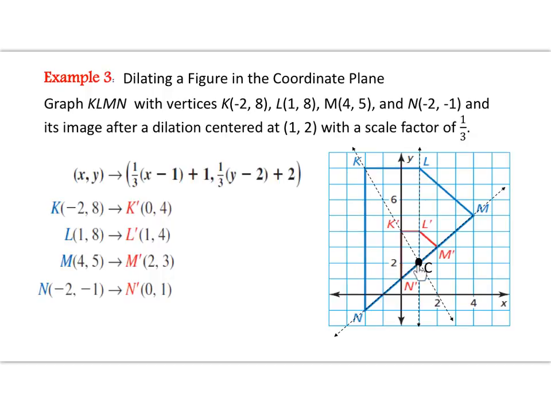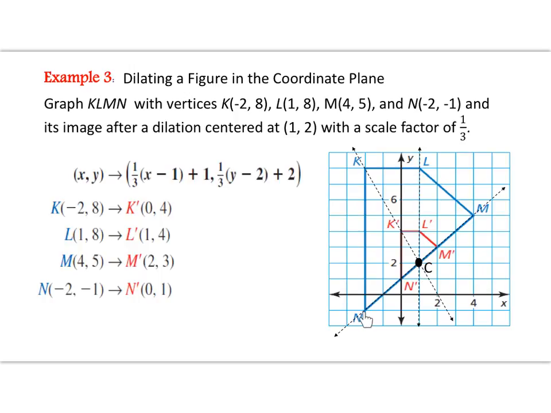Another way that we could dilate is using slope. Identify the center point of dilation, in this case (1, 2), plot a point there, and then draw a line connecting to each vertex and figure out the slope of each line.